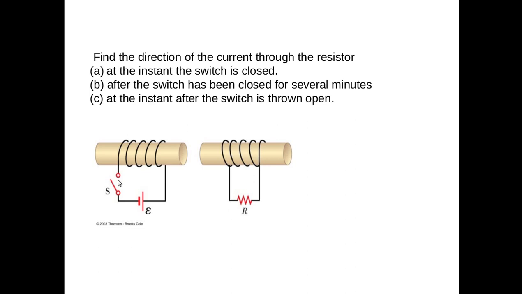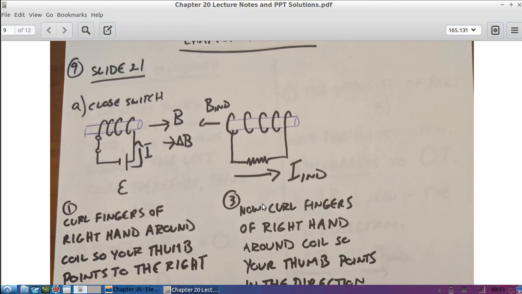The instant I close the switch, I've got an increase in current, which means I've got an increase in the magnetic field to the right. I've got an induced magnetic field to the left, so the induced current goes around the loops like this, comes back around the back like this, down and through the resistor to the right.